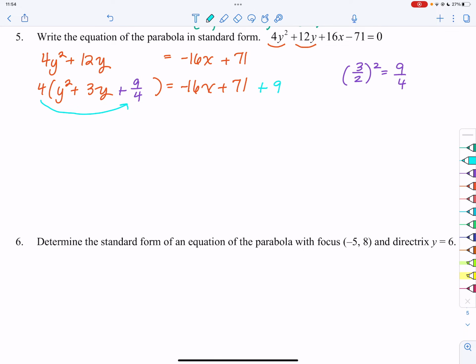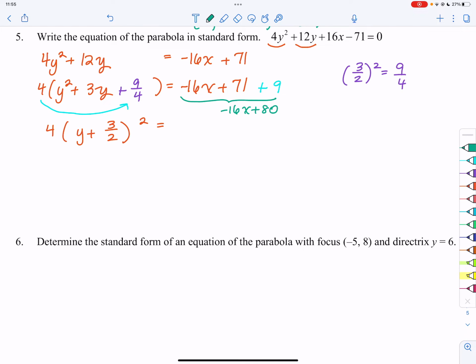Okay, so now we could go ahead and have 4, and now we'll complete our square. Y plus 3/2 all squared is equal to, and we could go ahead and see right here that this is equal to negative 16x plus 80.